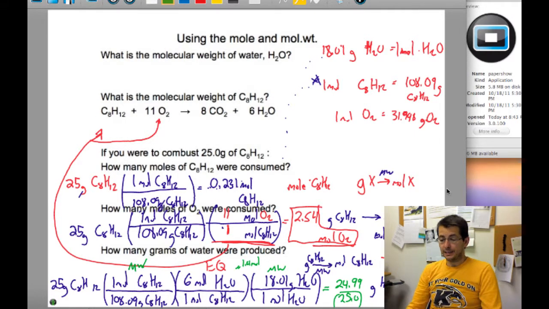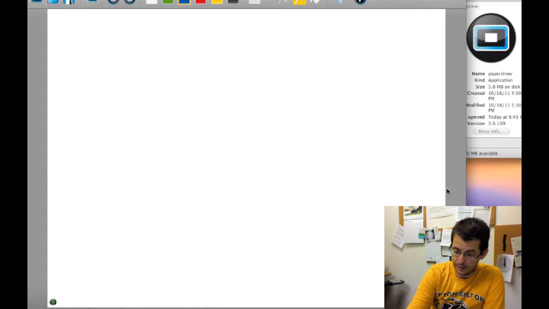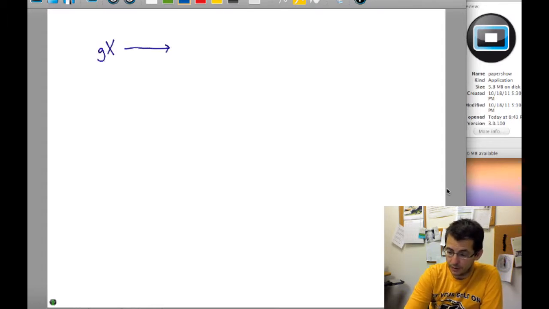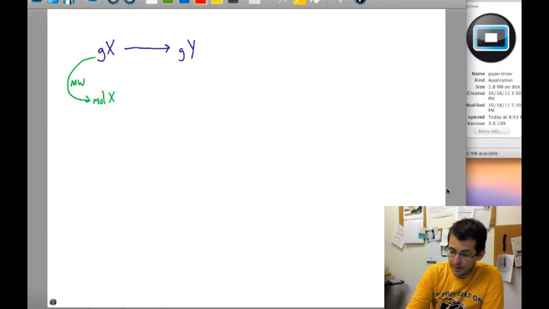This type of calculation, which at its most generic, you could write as ultimately grams of X going to grams of Y, is really central. We have this gram of X, we're converting that into moles of X using our molecular weight. And then there's a mole of X, mole of Y conversion halfway through.